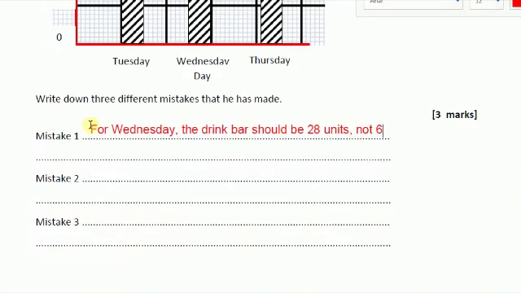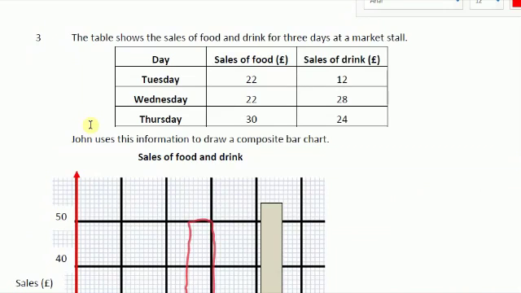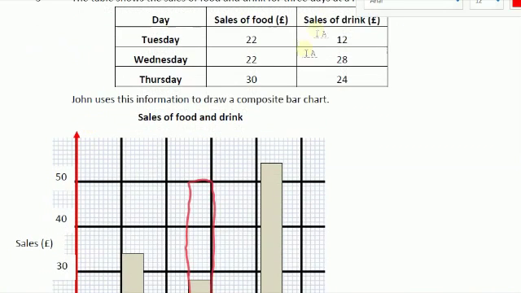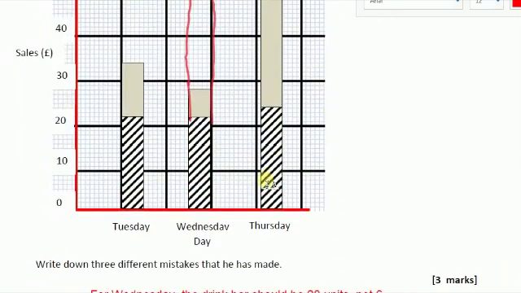So let's go on to find another error. Let's check the last day, Thursday, where it should be 30 for the food and 24 for the drink. When we look at what he's done, he's got 24 for the first one, the food, and 30 for the drink, so he's switched them around. He should have had 30 for the food, which means he should have ended there, 30, and the other one would have been the 24.